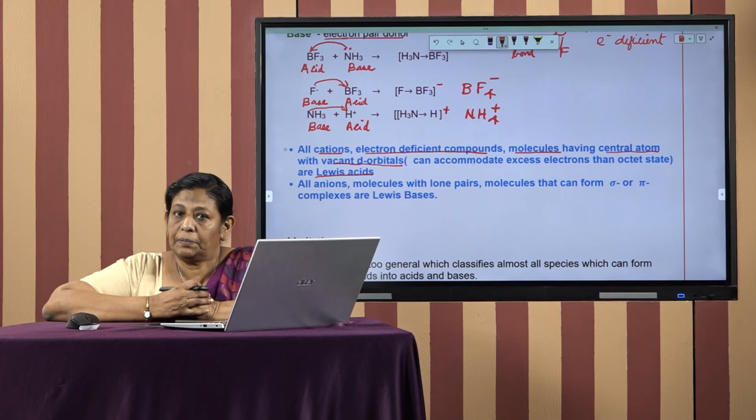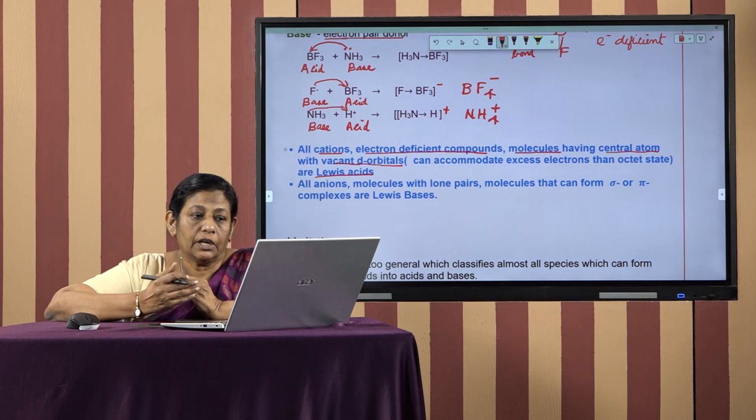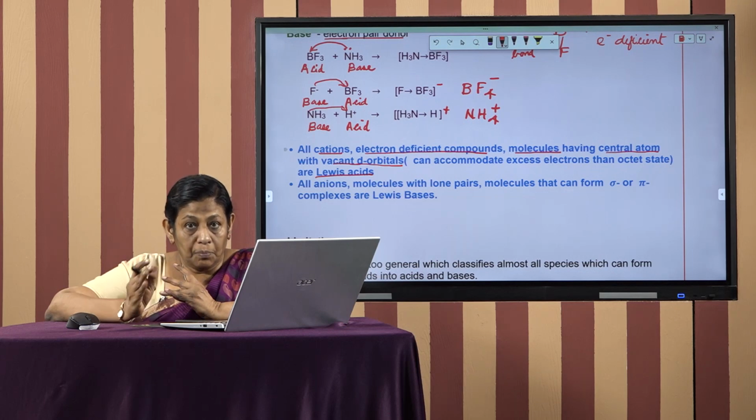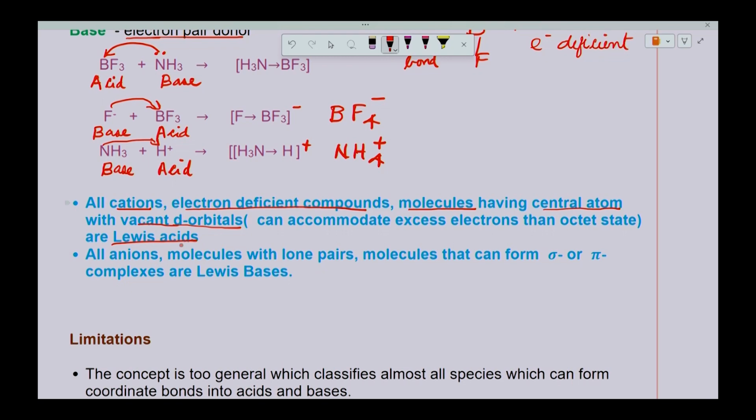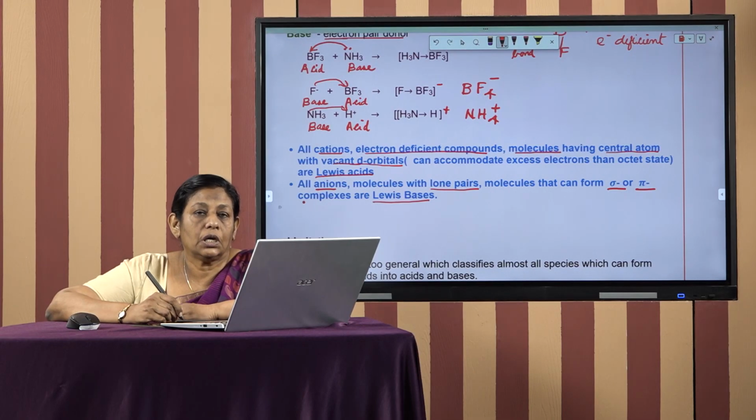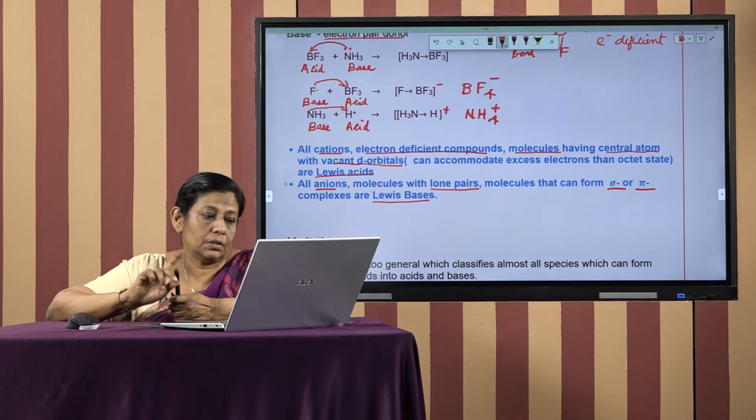They can all accept a pair of electrons. Cations, electron deficient compounds, and those which can extend their valency above the octet state into vacant d orbitals can do so. And anions and molecules with lone pairs, just like ammonia, and molecules that can form pi or sigma bonds with Lewis acids, are Lewis bases. So, those compounds are considered as Lewis bases.